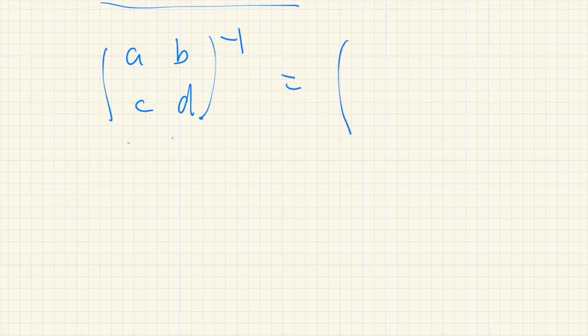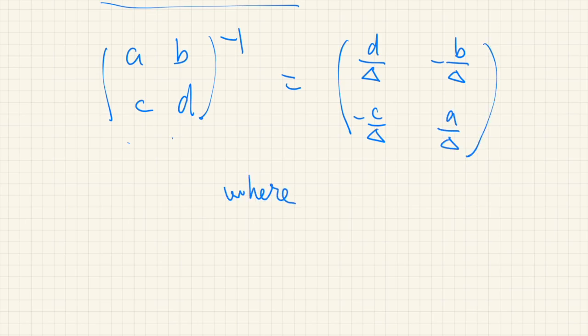Next, consider a 2 by 2 matrix A, B, C, D, and we want to find the inverse matrix of this matrix. We can actually prove that the inverse is D over delta, negative B over delta, negative C over delta, and A over delta, where delta is AD minus BC.